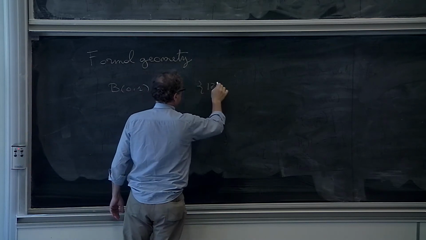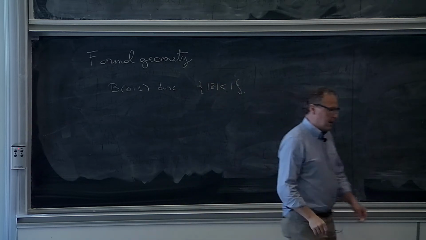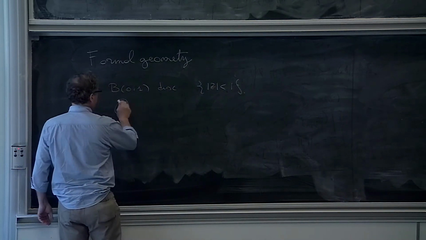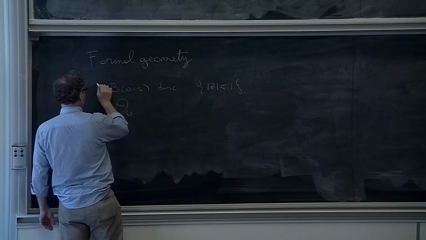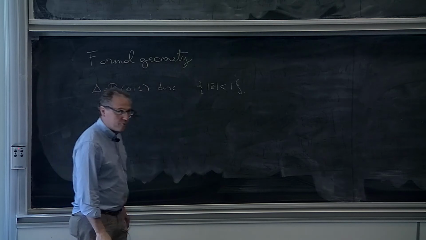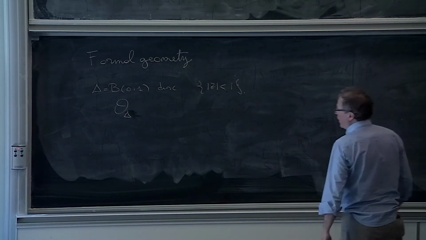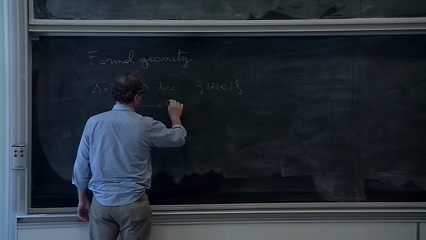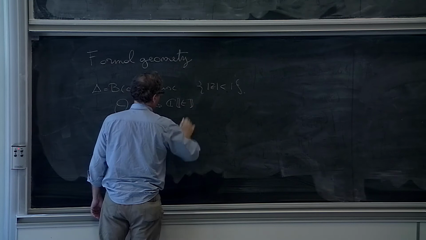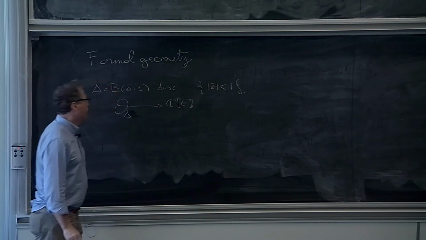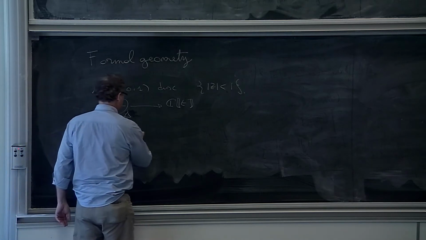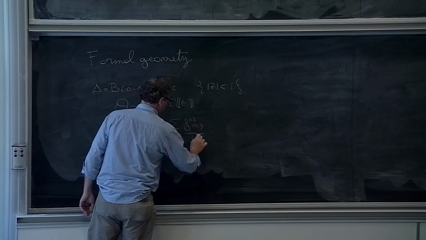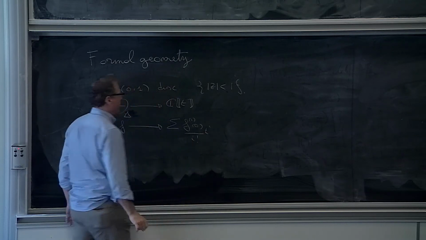I can look at the ring of holomorphic functions on the disk, and I have a map from this to C double brackets T, the ring of power series, which sends a function to its Taylor expansion.